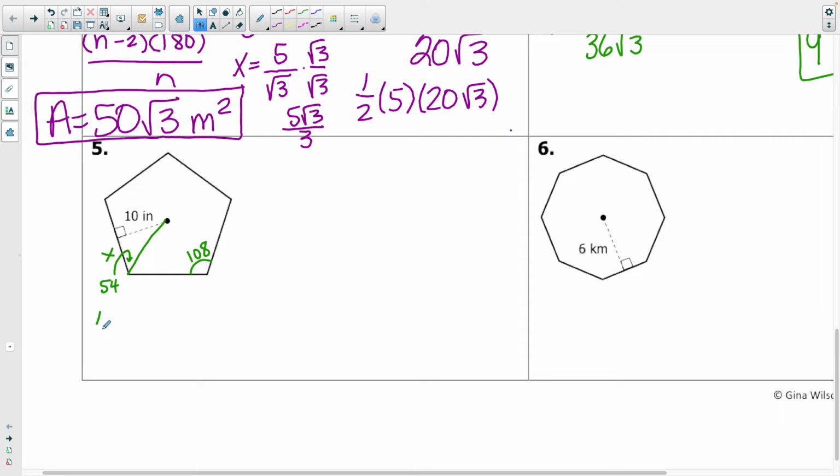So we're doing tangent. So tan 54 equals opposite over adjacent. What do we do when x is in the denominator? We put tan at the bottom. We switch them out. So in your calculator, you're going to do 10 divided by tan 54, 7.26.